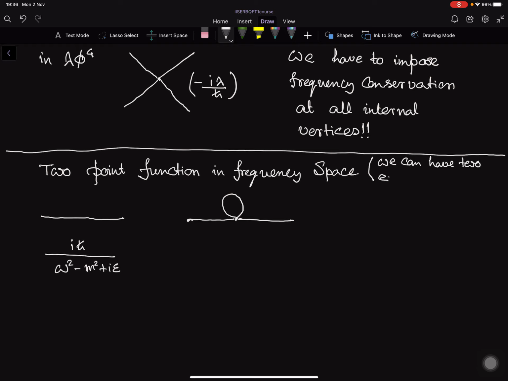two external points and any number of internal points.